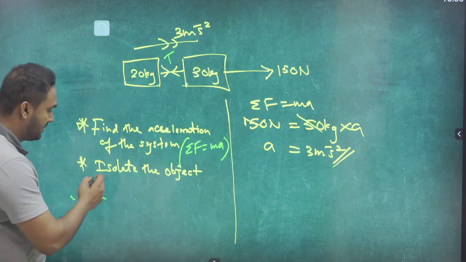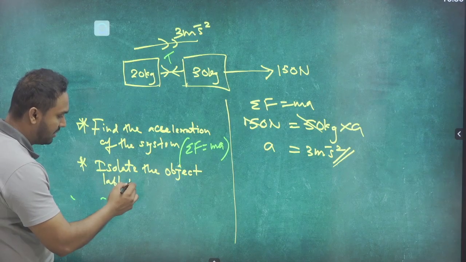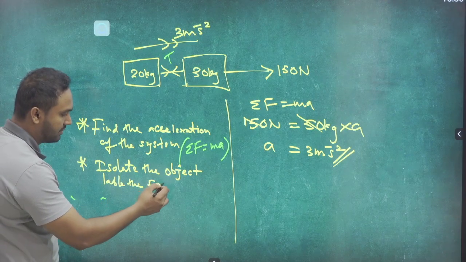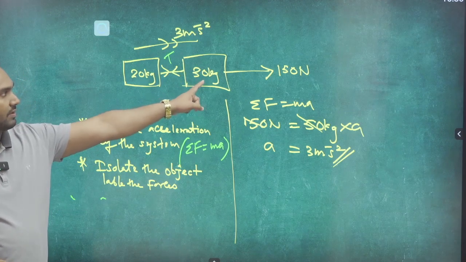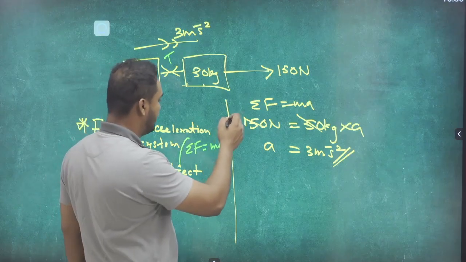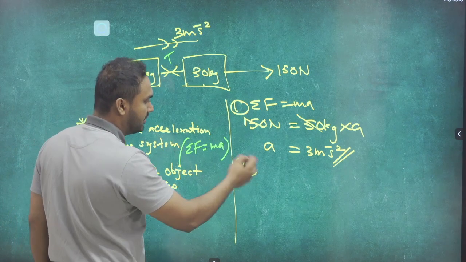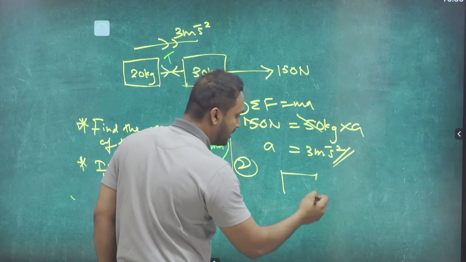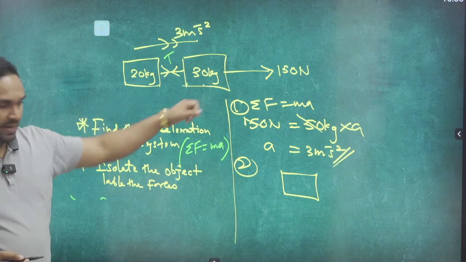Isolate the object and label the forces, right? You have to label the forces. So I am going to isolate this one, 30 kilograms of mass, right? So this is the first step. I am done with the first step. Now I am doing the second. So I am going to isolate one of the objects. I am going to isolate this one, 30 kilograms of mass.